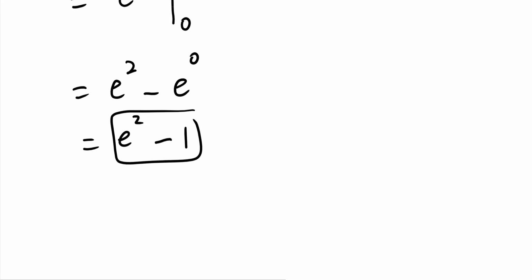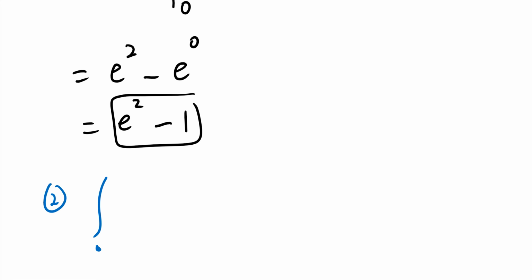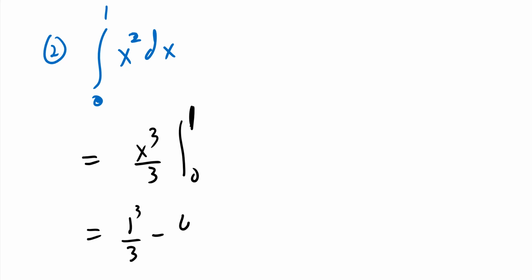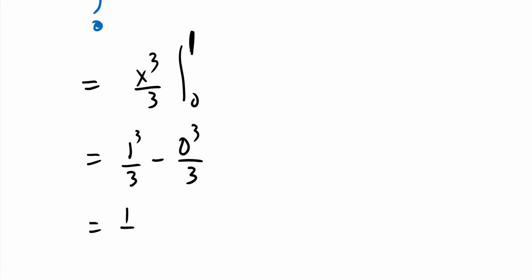Can we do more? Yes, more examples. The integral from 0 to 1 of x squared dx. What would that be? We ask ourselves, what's the antiderivative of x squared? It's x cubed over 3 from 0 to 1. We always substitute the upper bound first, so 1 cubed over 3 minus the lower bound next. That gives us 1/3 minus 0, which is 1/3.